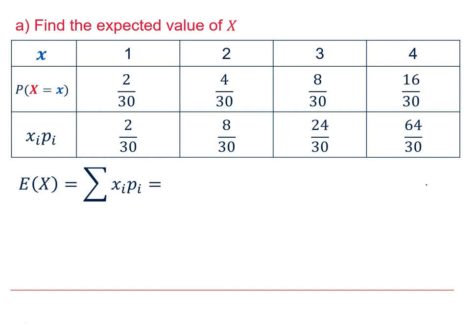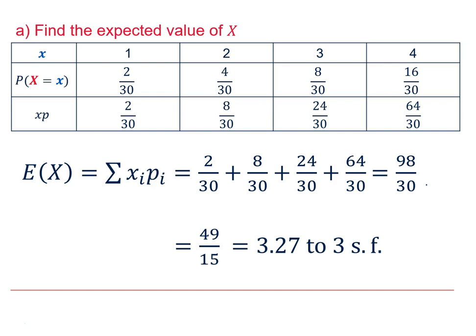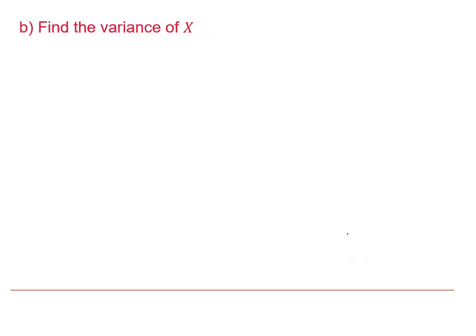We need to sum those, so 2 plus 8 plus 24 plus 64 over 30, and that gives us 49 over 15 if we cancel it down, and 3.27. And do remember, answers should always be given to 3 significant figures unless you're told something different in the exam, and also a mean is not necessarily an integer. So 3.27 is the expected value for x.